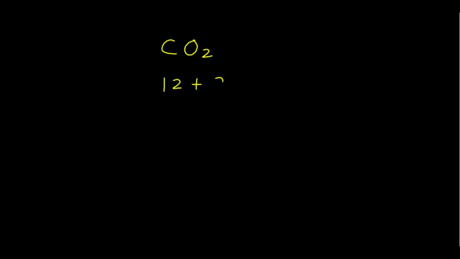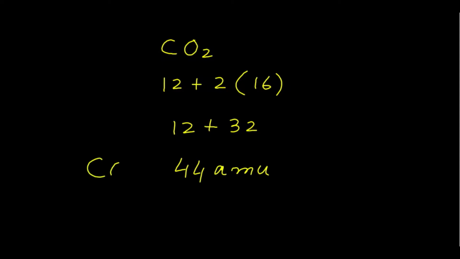Since we have 2 atoms of oxygen, multiply by 16. Now we simplify it. 12 plus 16 multiplied by 2 is 32. 12 plus 32 is equal to 44 atomic mass unit. So the molecular mass of carbon dioxide is 44 atomic mass unit. I hope this is clear.